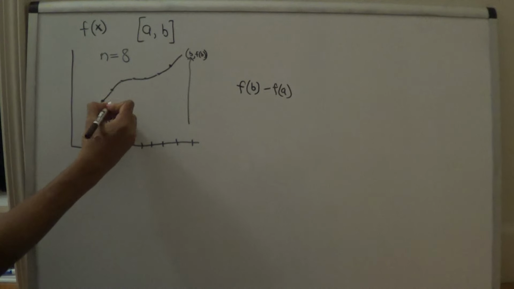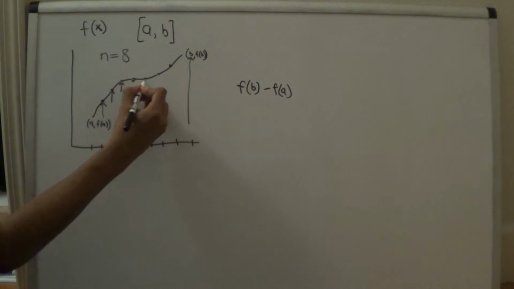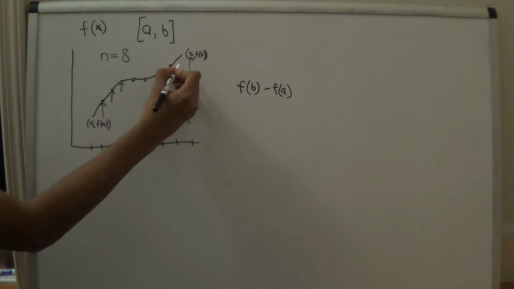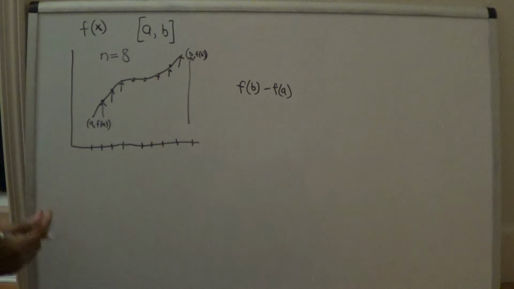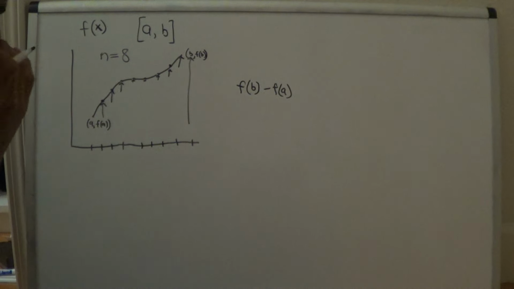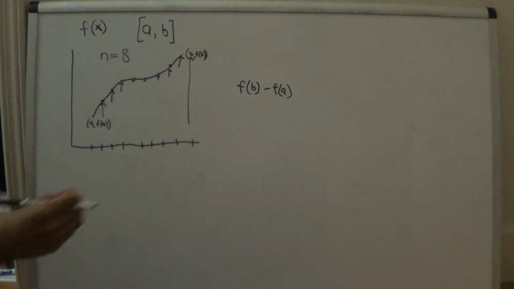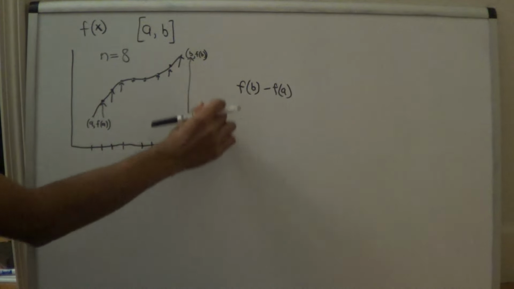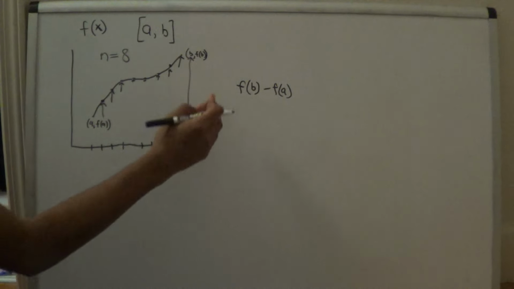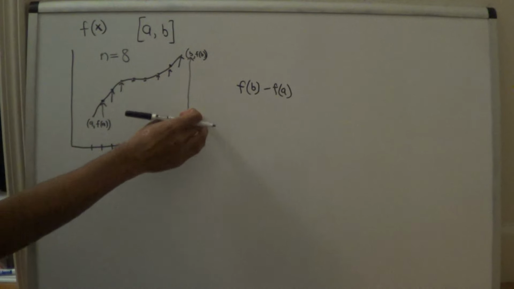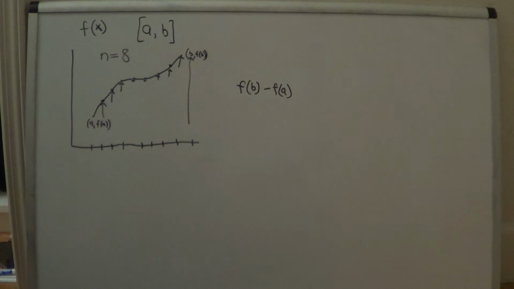And then this vertical change, and this one, and this one, all 8 of them. If we add all of those changes together, we should get the total change from a to b, f of b minus f of a. If we add all of these little arrows, we should get this giant arrow. That should make sense.